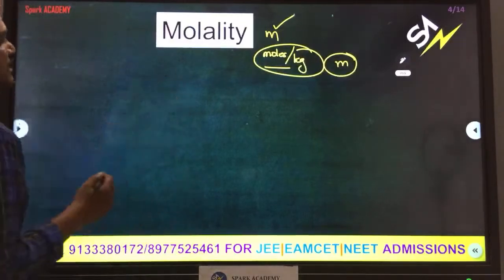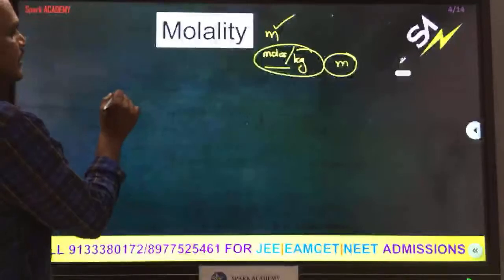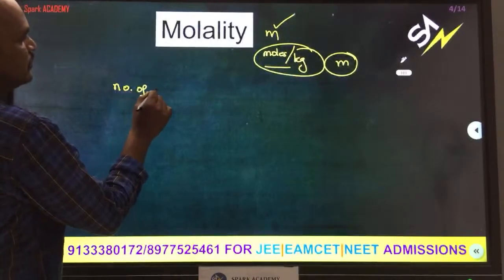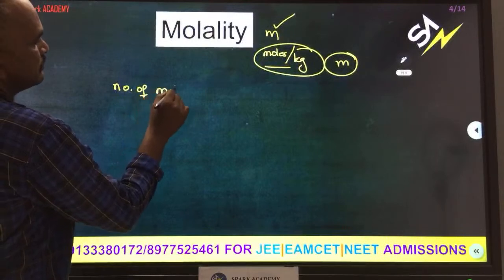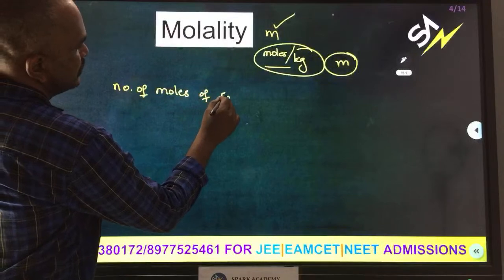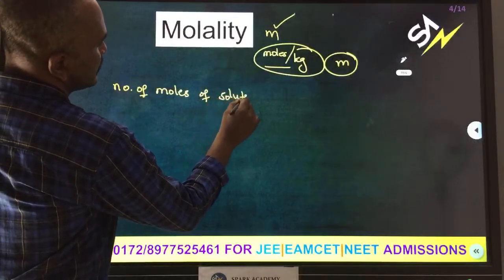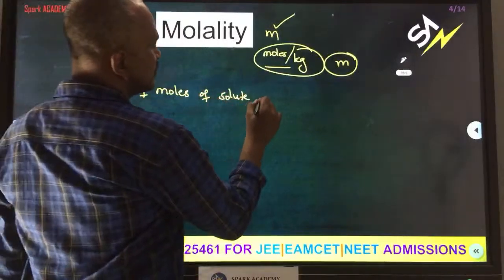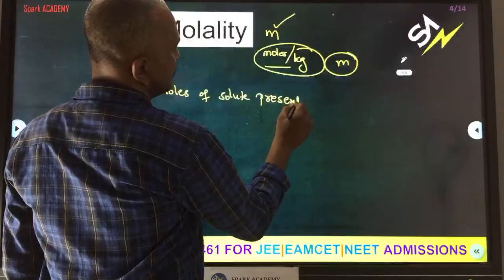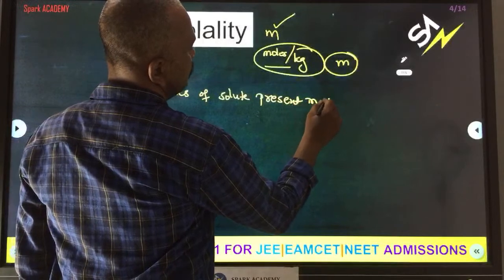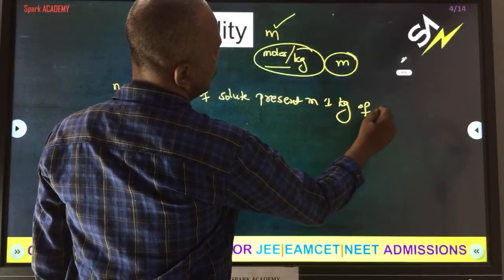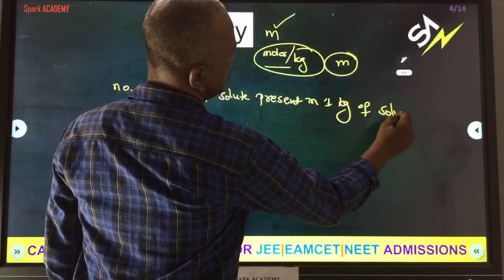This definition, if you write it, how does it come? Number of moles of solute present in 1 kilogram of solvent.